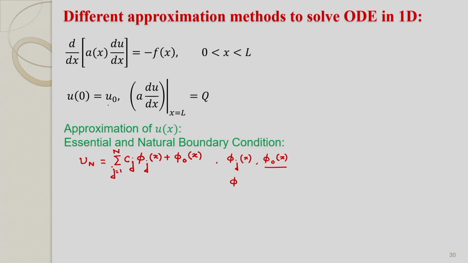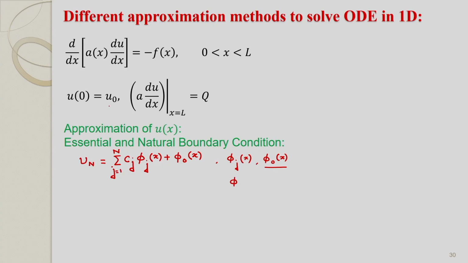Phi naught x consists of the non-zero part of the essential boundary condition. Here we have non-zero u naught. So, phi naught x should be u naught.